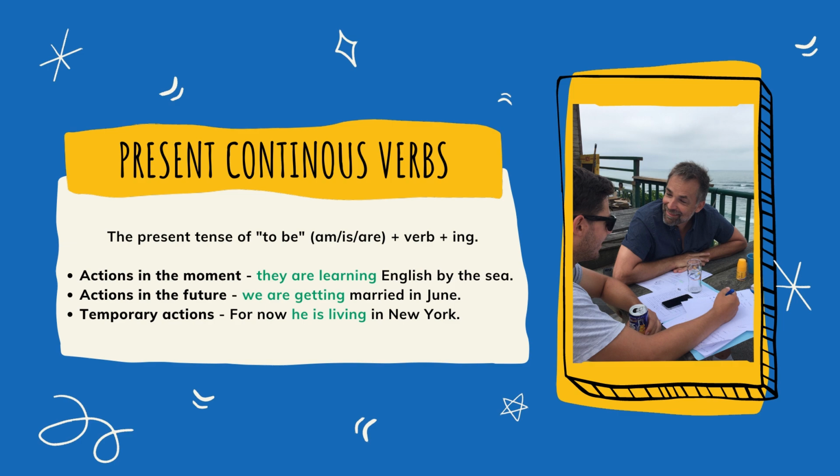When do we use the present continuous? When the actions are in the moment. They are learning English by the sea. You are learning English right now. Actions in the future. We are getting married in June. Temporary actions. He is living in New York.